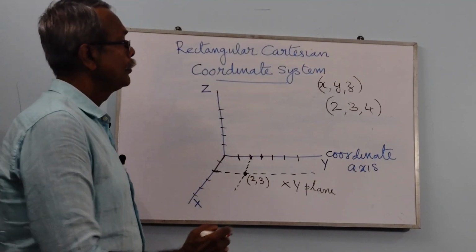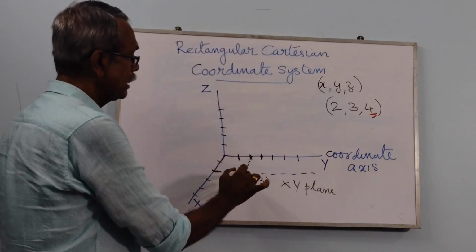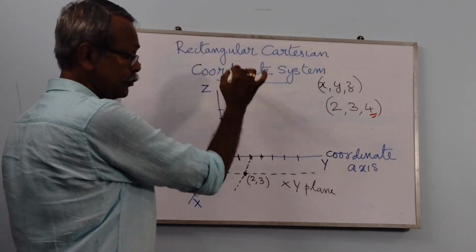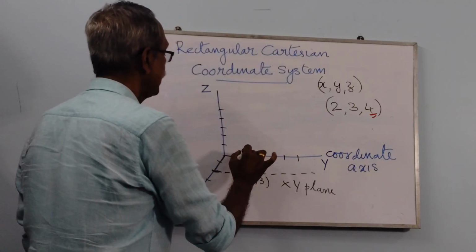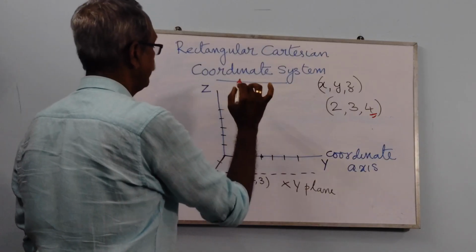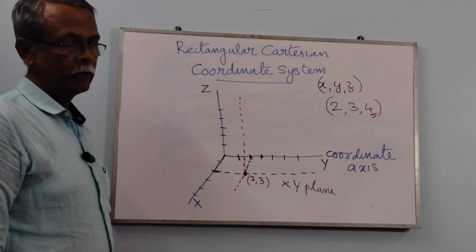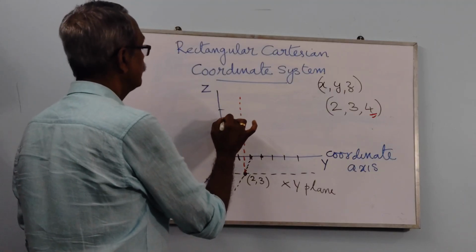and to mark this 4, we have to go along the y direction, the z direction. So I draw a dashed line in that direction. Then I have, this is the 4.